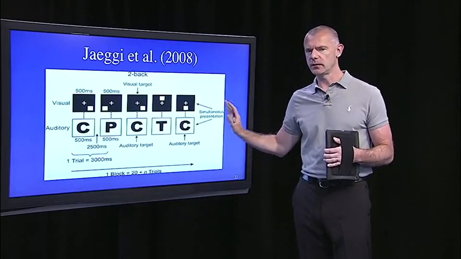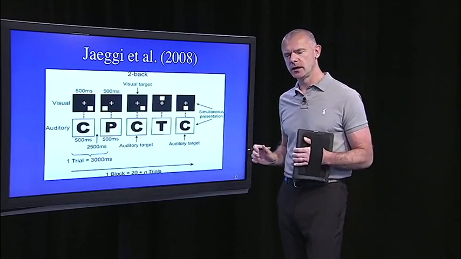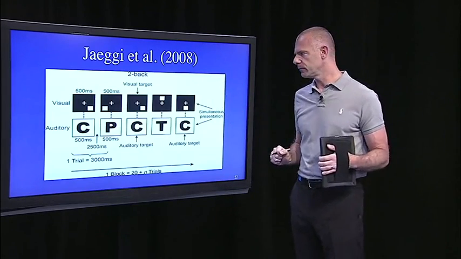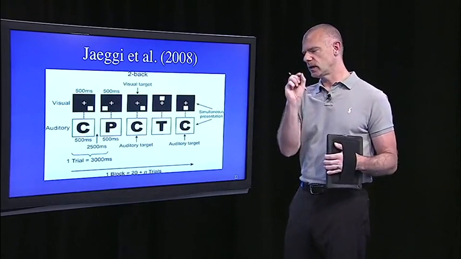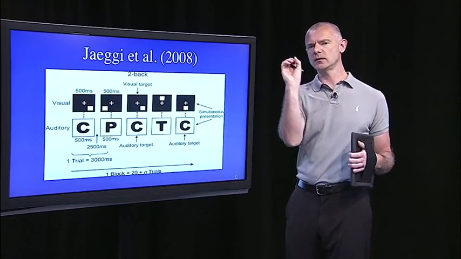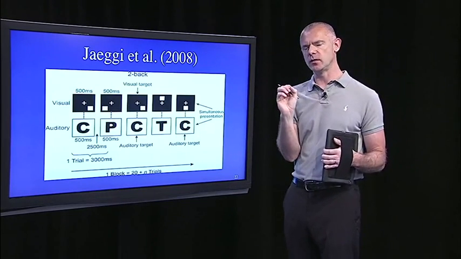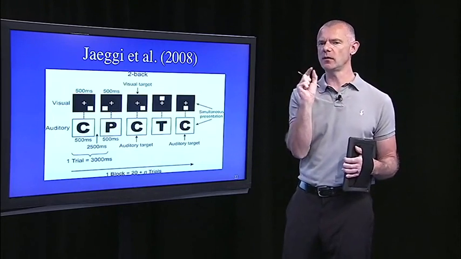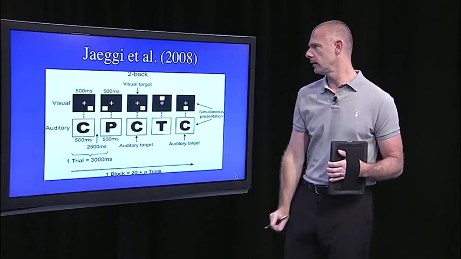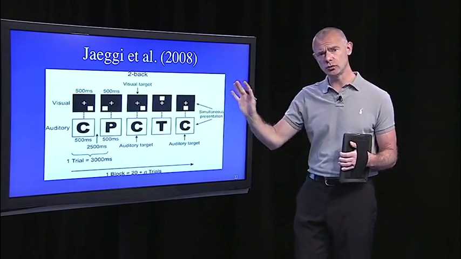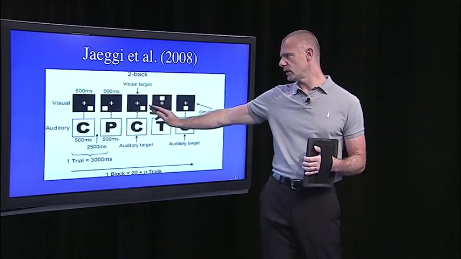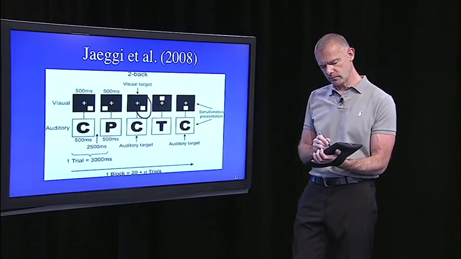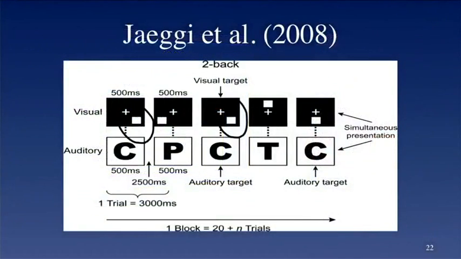This is a particularly difficult version of the n-back because it has two components to it. One is visual, one is auditory. In the visual task, subjects are seeing squares pop up in different locations on the computer screen, and they have to detect when the square is in the same location as it was n back. In this case, I'm depicting a 2-back task. So here you see a visual target because it matches this location, matches the one 2 back in the stream.